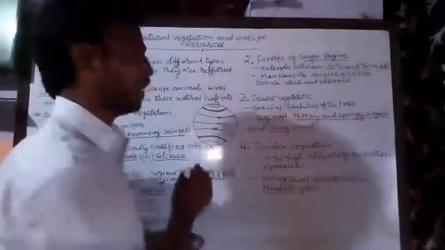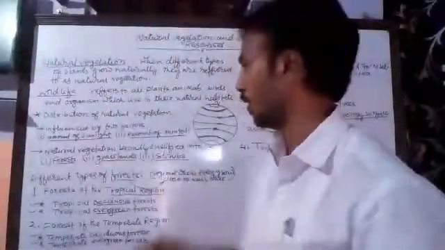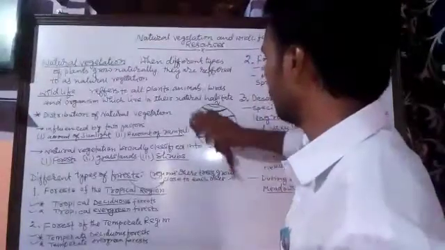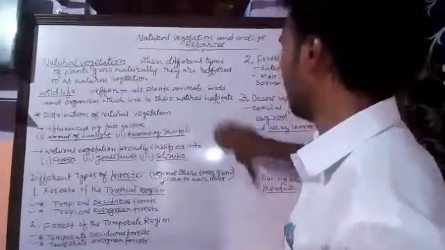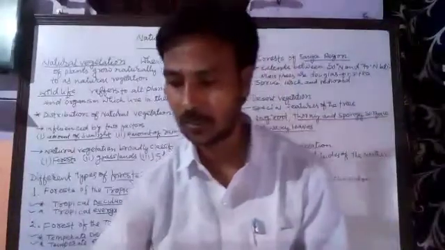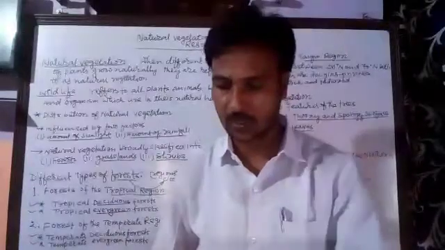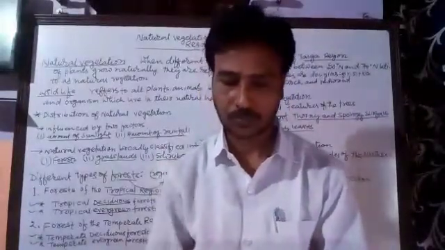This area is called the temperate region, and temperate forests are found here. These temperate forests are also divided into two types: temperate evergreen and temperate deciduous forest.